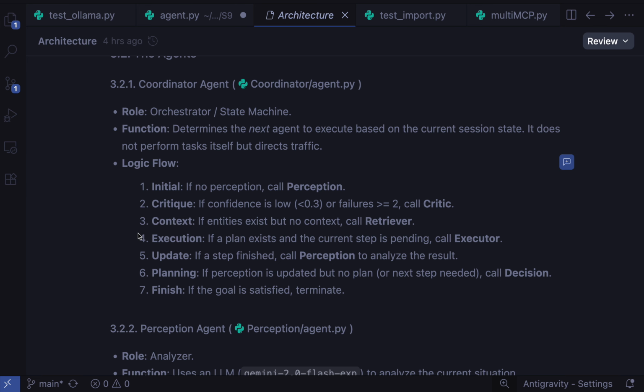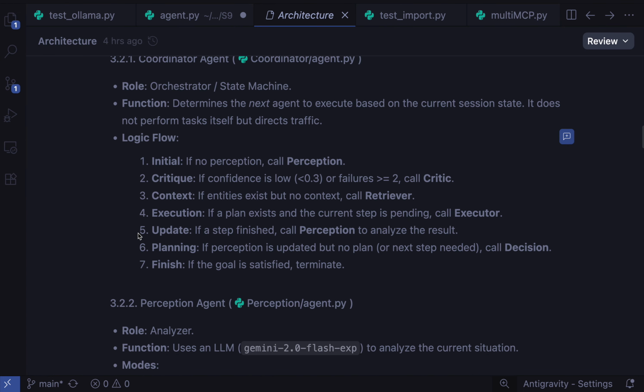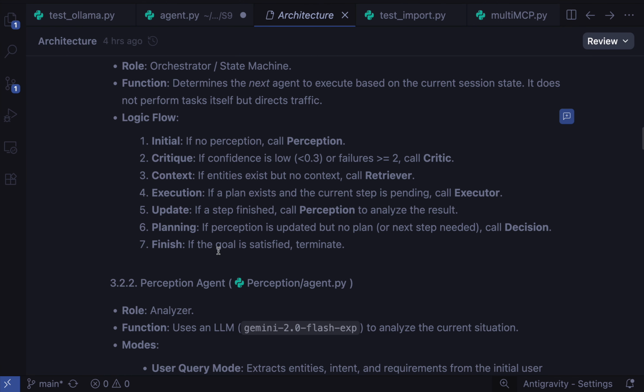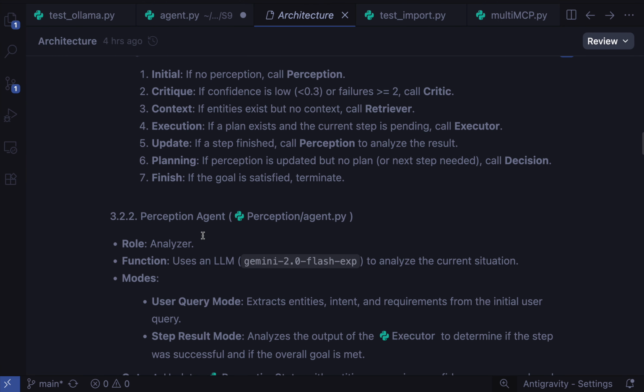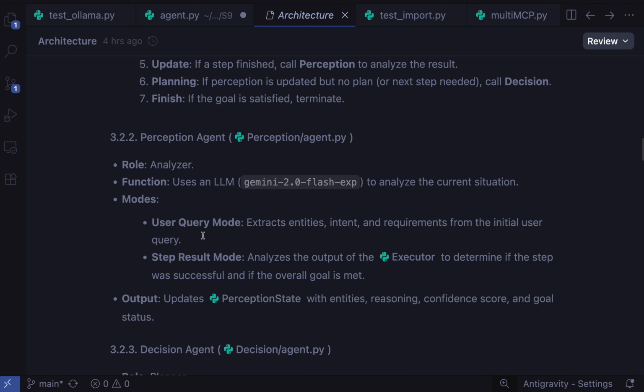Then, based on the confidence, it calls the critic agent to tell what exactly it is. Then it stores the context, calls the retriever, then the executor agent, then keeps updating perception to analyze the result. Then you have a decision module which gets the planning done, and finally, if the goal is satisfied, the coordinator terminates the whole function.